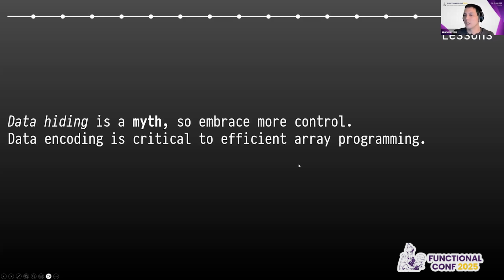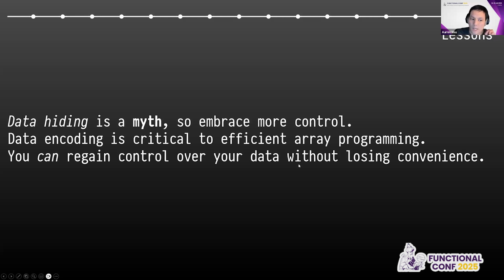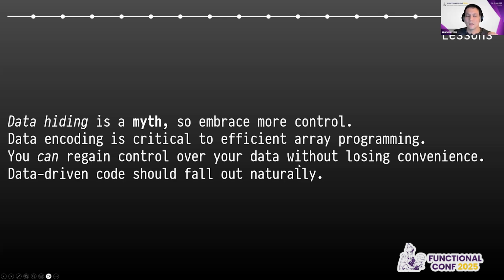And if you want to embrace more control, data encoding is critical to this efficient array programming model. And you can regain this control without losing the convenience. So in APL, all of these techniques are very convenient to use, you get the control without the loss of convenience. And instead of having to work really hard to leverage data-driven programming ideas, if you encode your data correctly, data-driven programming just sort of falls out naturally.